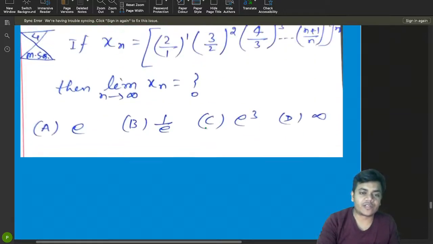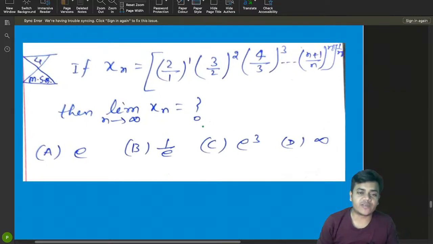Now let's go for the next question, which is really interesting. If x_n is equal to (2 over 1 to the power 1, 3 over 2 to the power 2, 4 over 3 to the power 3, ..., (n+1) over n to the power n) and whole to the power 1 by n, then what would you like to say about limit n tends to infinity x_n?